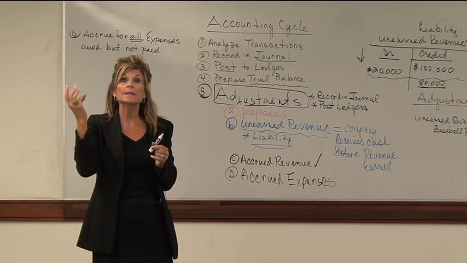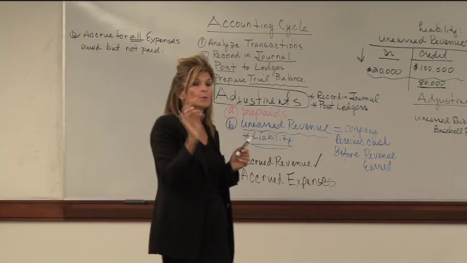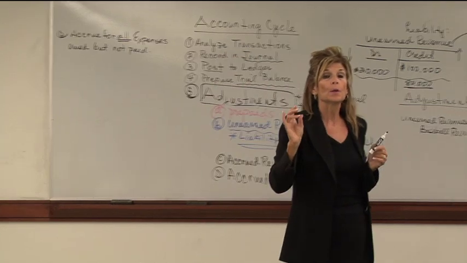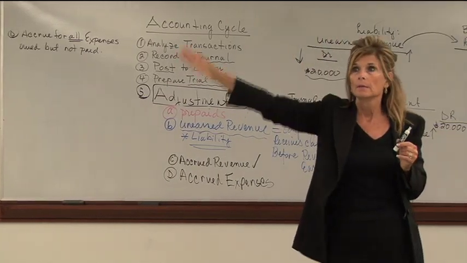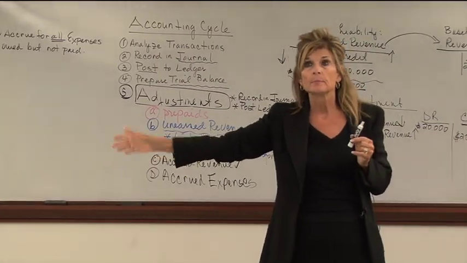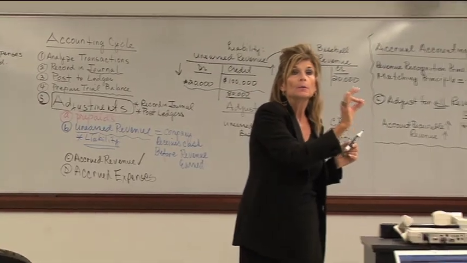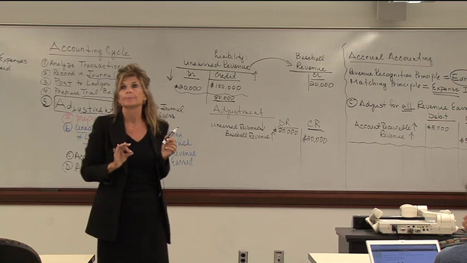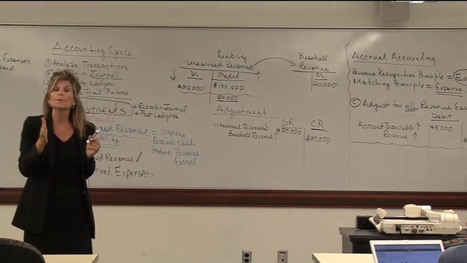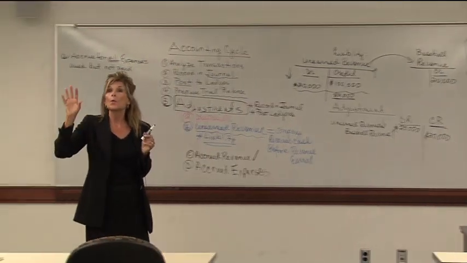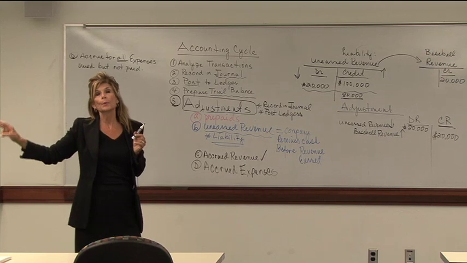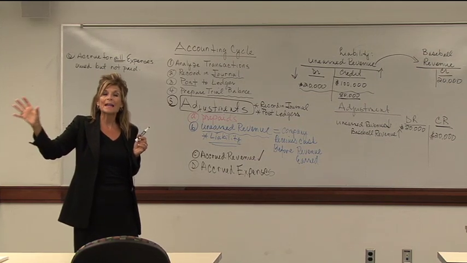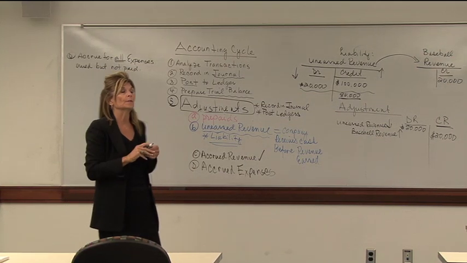Those 3 days of salary, Monday, Tuesday, Wednesday, belong in the prior year. Thursday and Friday would belong in the January 2nd payday year. So you're going to accrue for those expenses for the 3 days that belong in the prior year so that you're matching up expenses with revenue.